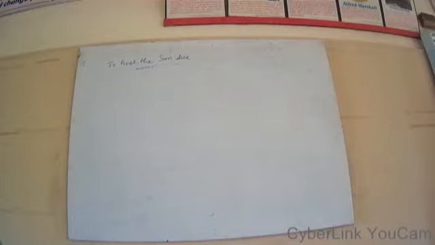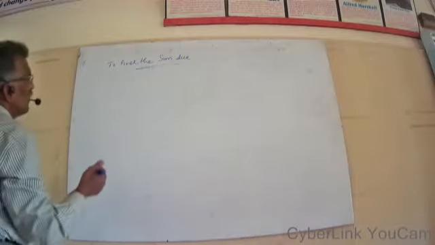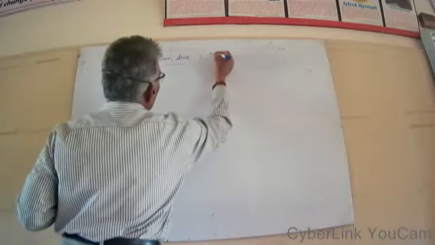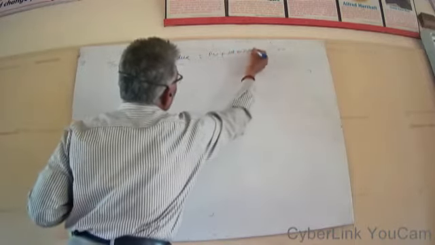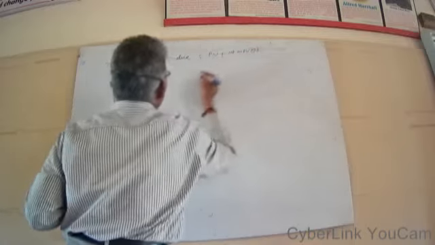That gives the sum due. Sum due means present value plus interest on present value. Interest on present value is equal to true discount.